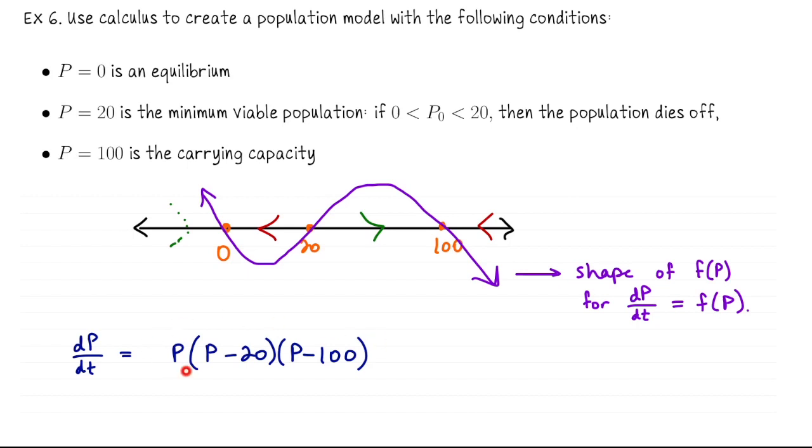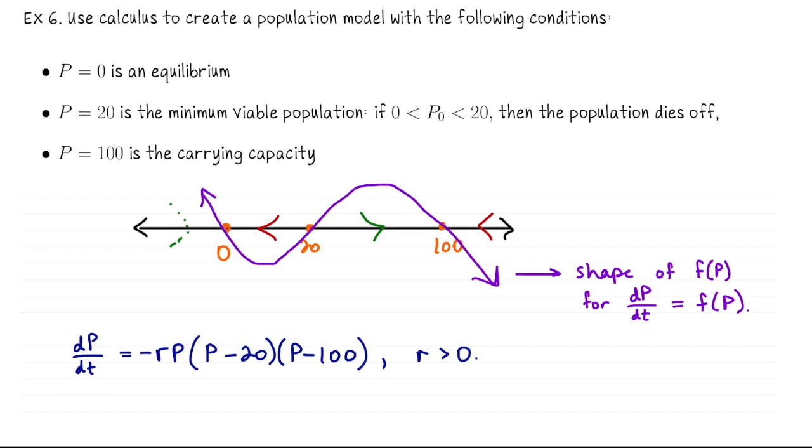As it's written, though, if I were to multiply this out, it would be a cubic with positive leading coefficient. That would grow towards infinity. So let's do negative. And then to give us a little control over the population, let's throw in a parameter, negative r, where here r is going to be greater than 0. Okay, so this equation captures the described behavior.